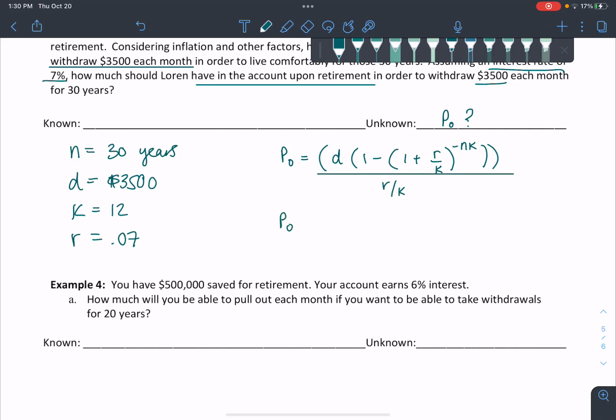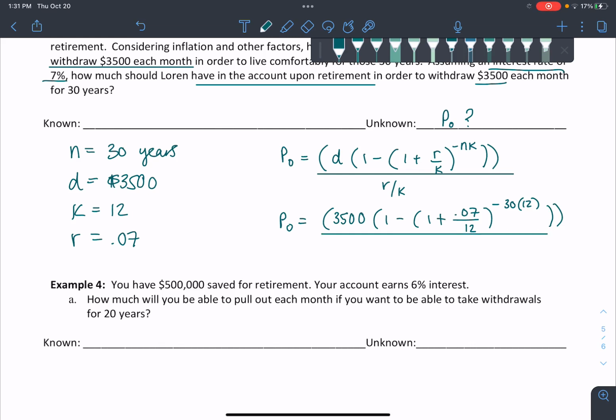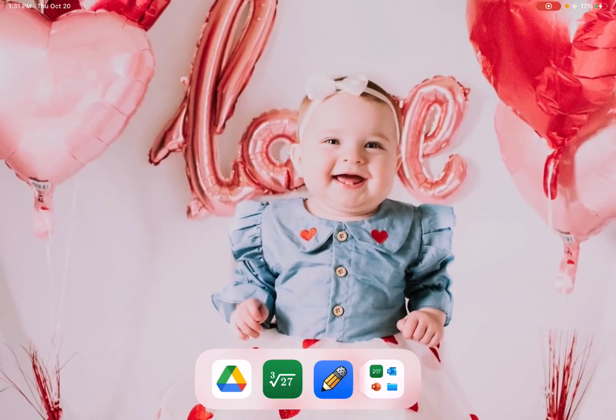P sub 0, the thing I don't know. D, 3,500. 1 minus, 1 plus, R, 0.07. K is 12. Negative N times K. Close. And this all goes over 0.07 over 12.